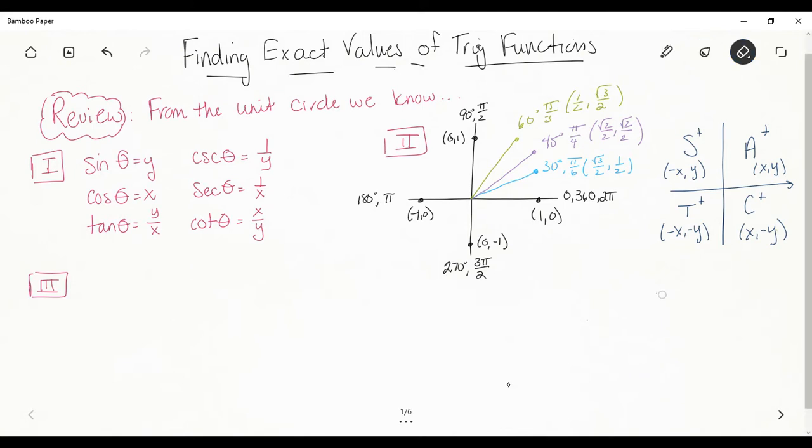Last but not least, we're going to look at, for this little section, our reference angles.